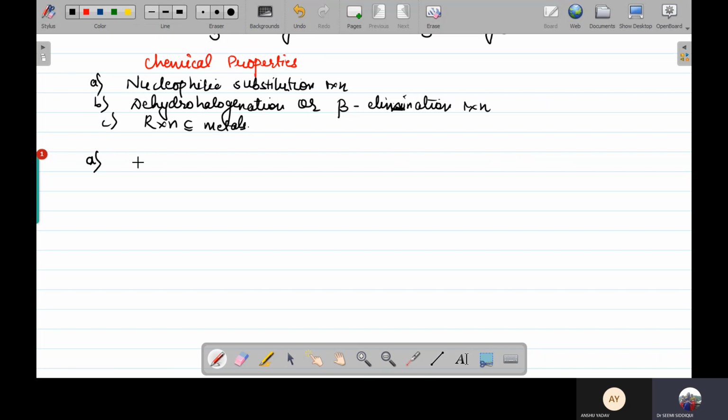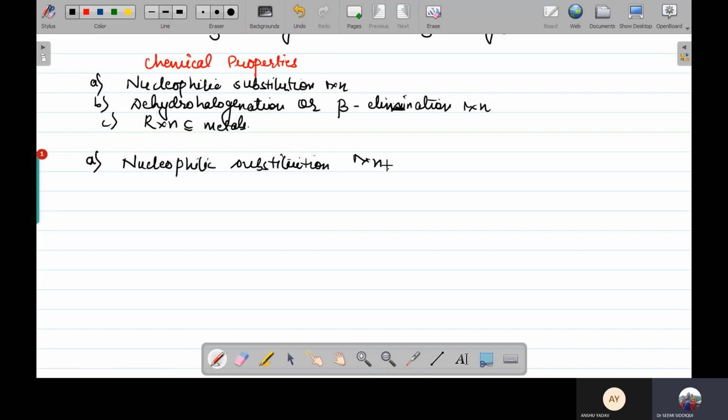Now let's start with the nucleophilic substitution reactions. In this case, what is the meaning of nucleophilic substitution reaction?